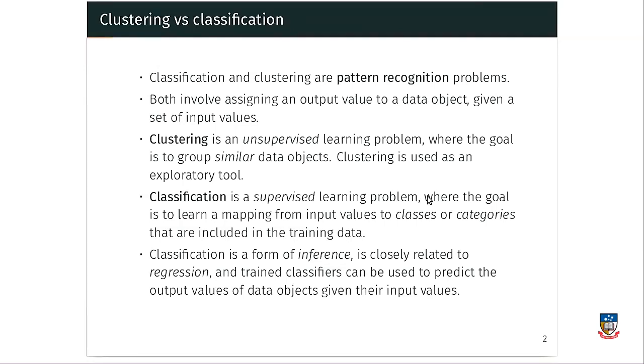Classification, on the other hand, is a supervised learning problem where you have training labels. So you have both the X's, the inputs, and the Y's, the outputs. And the task is to find a mapping from the inputs to the outputs, or the features to the class labels. So classification is grounded in some more principled backgrounds to do with statistical inference.